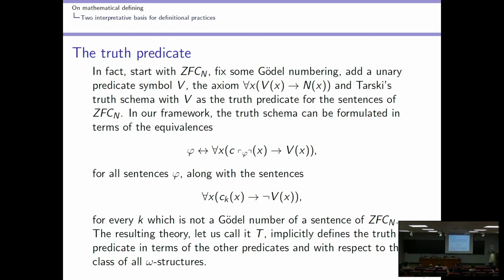And the axiom: for all x, V of x implies that x is a number, right? So it is the usual setting of the discussion about the truth predicate. We arithmetize the language through Gödel numbering. It is a Gödel naming of formulas by numbers.